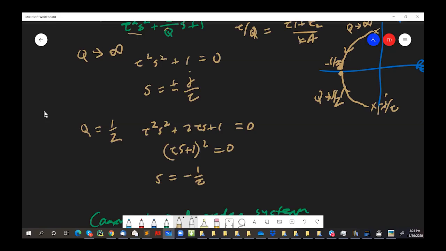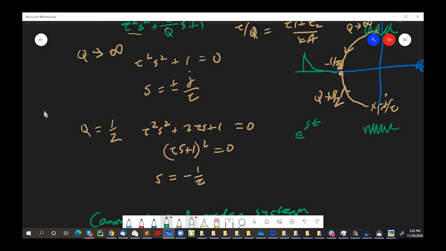And when the poles start to approach the real axis, you just get a pure exponential decay. Remember a long time ago that I said that s is the factor in front of e to the st, right? You have e to the st as the time domain solution. And if s is imaginary, then you get these sinusoids. But if s is real and negative, then you get an exponential decay.